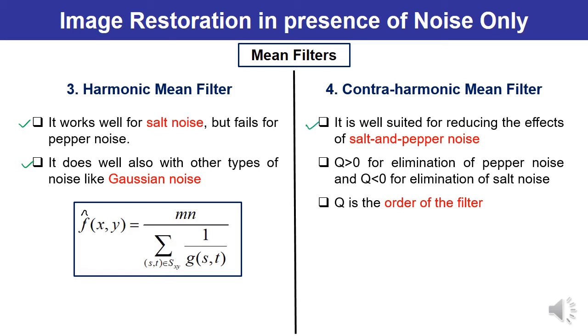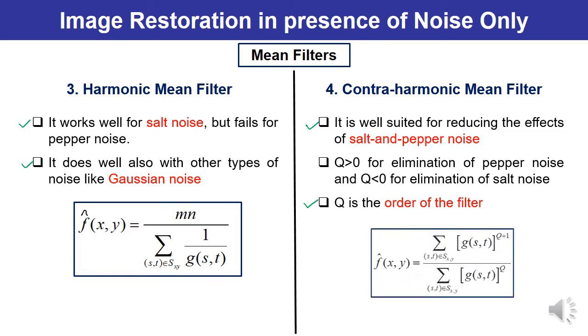Here you can observe there is a term Q which denotes the order of the filter, and this value of Q is very important whenever you are designing the contraharmonic mean filter. What should be the value of Q? Is it 0? Is it positive? Is it negative? So depending upon the value of Q, it performs various operations.